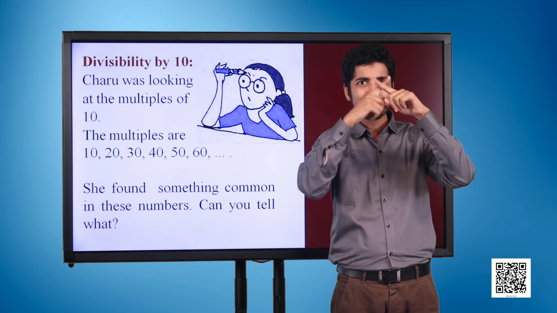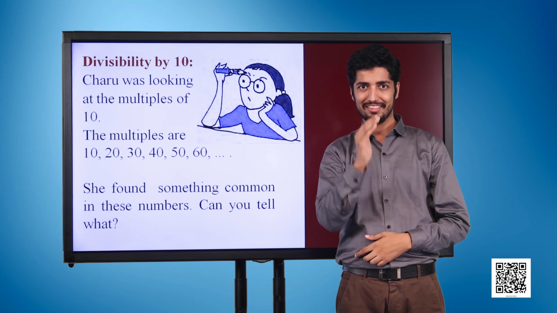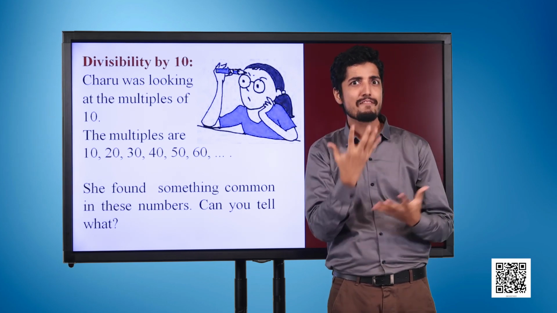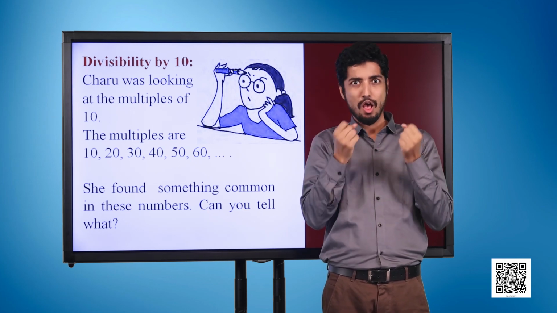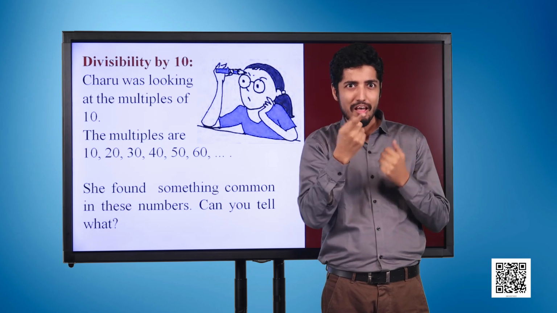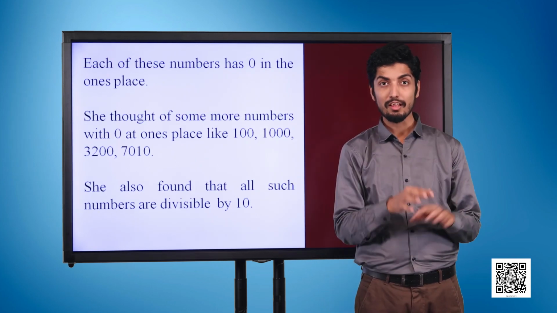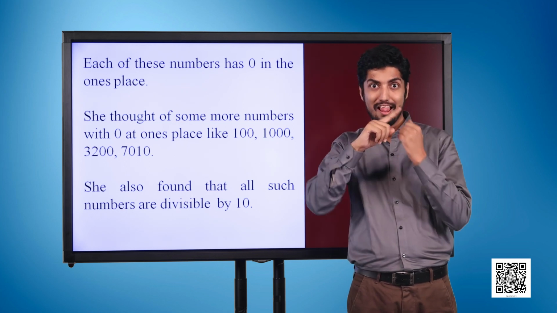The multiples are 10, 20, 30, 40, 50, 60, and so on. She found something common in these numbers. Can you tell what? Each of these numbers has 0 in the ones place.